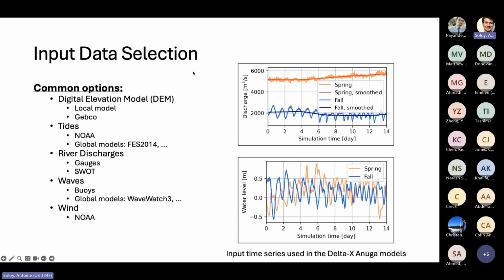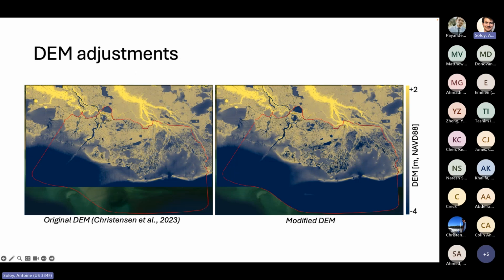Another DEM adjustment that was made here is that all the channels in the wetlands are not perfectly rendered in the DEM that you downloaded, which means that if there is a channel there in reality and it's not in the DEM, it might not let the water flow correctly.